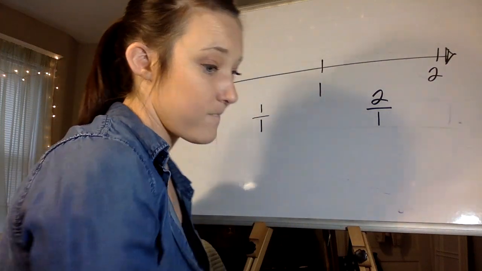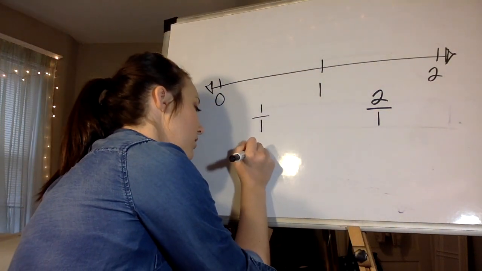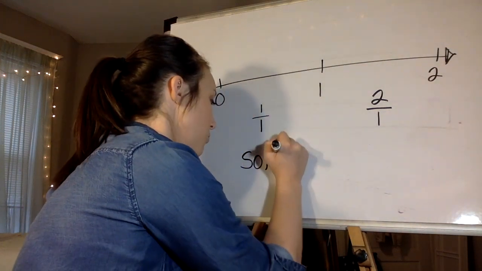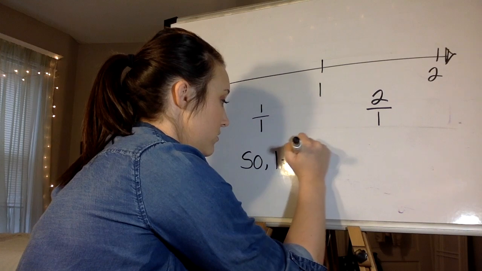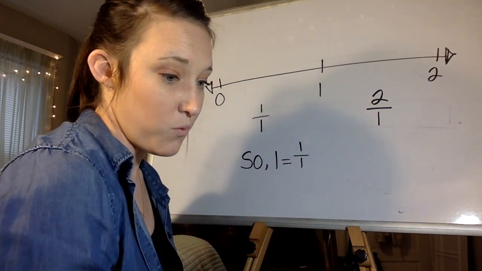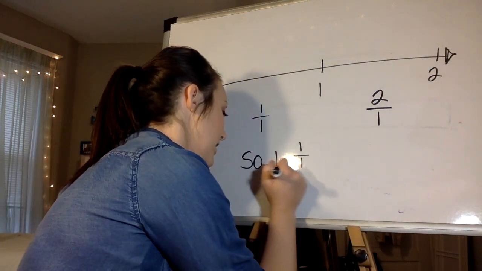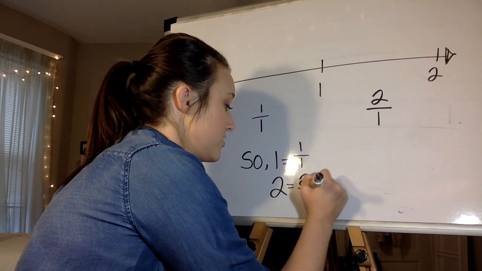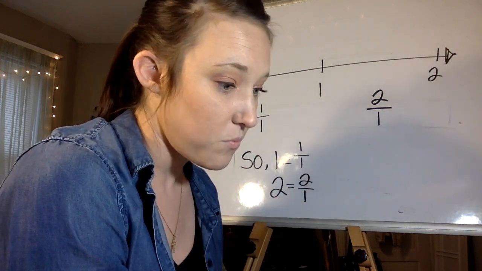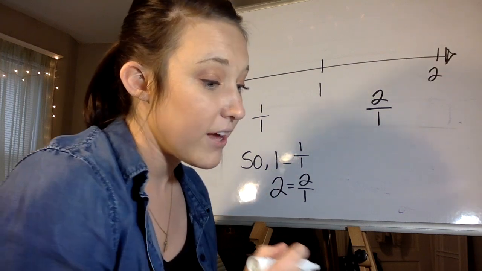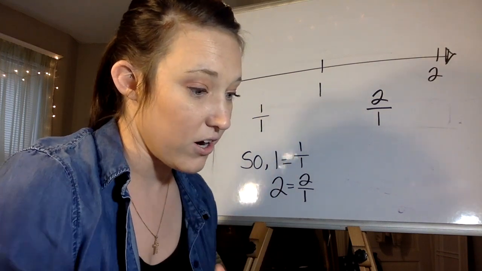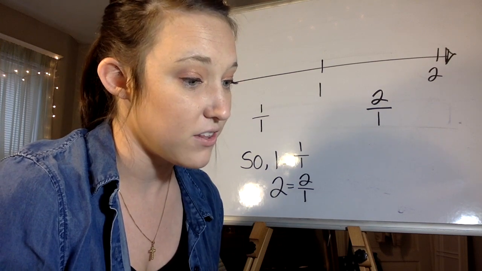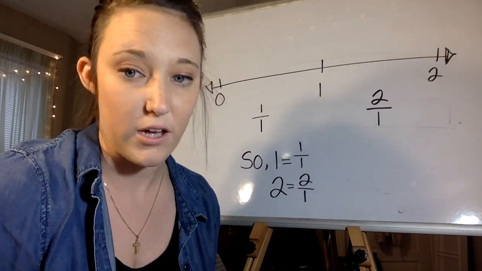So it says 1 is equal to 1/1, and 2 is equal to 2/1. That's where we are, looking at the whole being divided into 1 equal part.